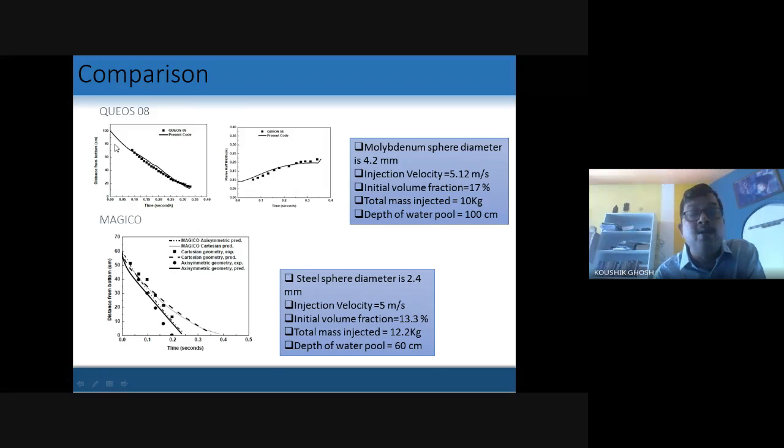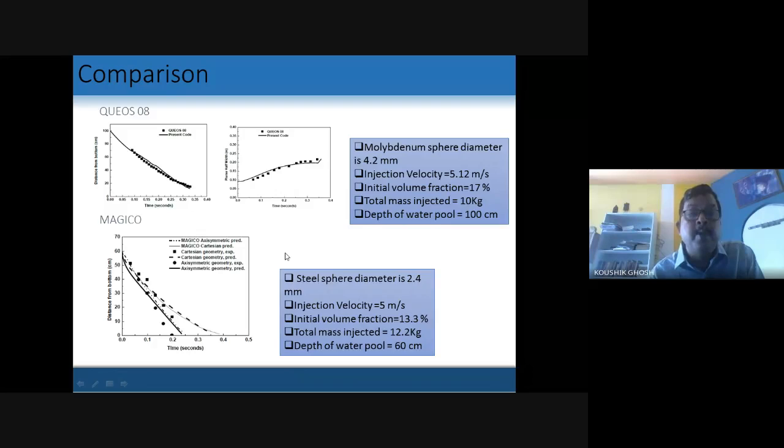You can see our code performance, the results of the penetration of the particles, how the dispersion and penetration level vary with time, and you can see the good match with the experimental value and our CFD model data.